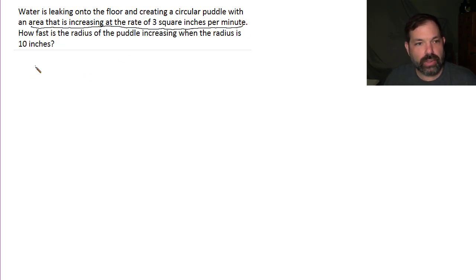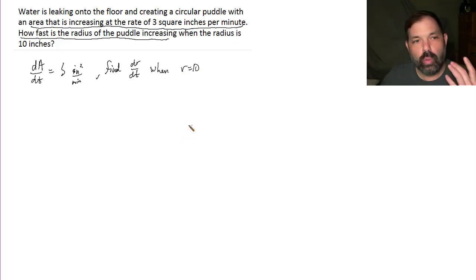The area is increasing. dA dt, the change in area with respect to time, is 3 square inches per minute. How fast is the radius of the puddle increasing? I need to find dr dt when the radius is 10 inches, when r equals 10.